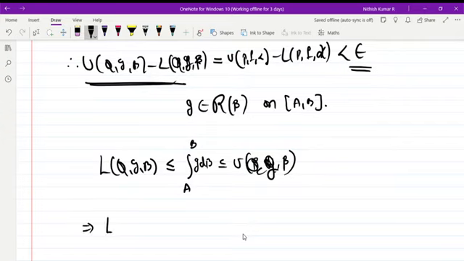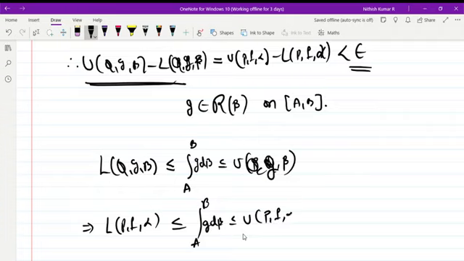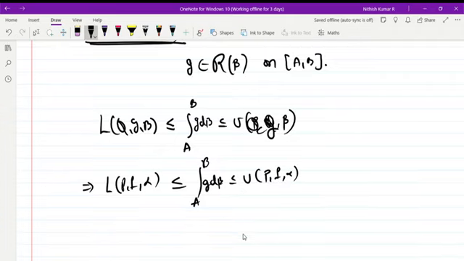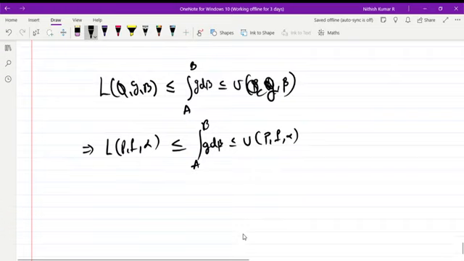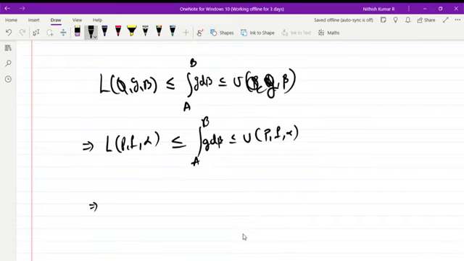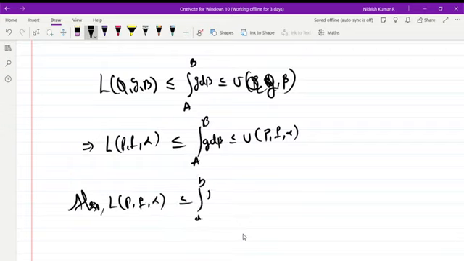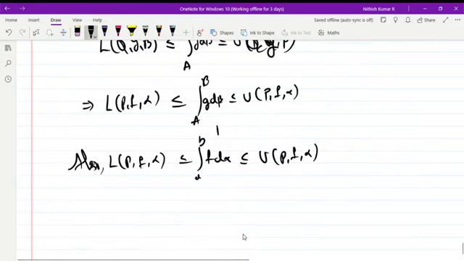Now this is nothing but L of P, f, alpha, which is less than or equal to the integral from a to b of g d beta, which is less than or equal to U of P, f, alpha. Now we also have, since f belongs to R of alpha, L of P, f, alpha is less than or equal to the integral from a to b of f d alpha, which is less than or equal to U of P, f, alpha.